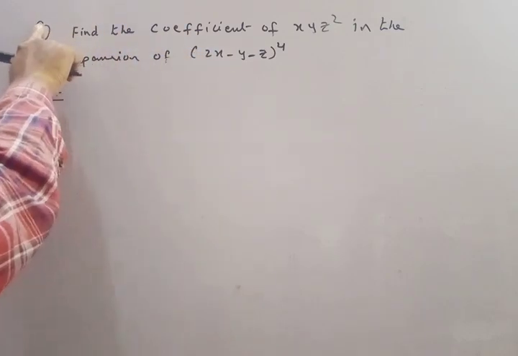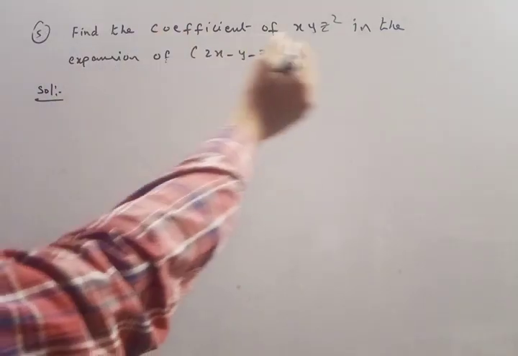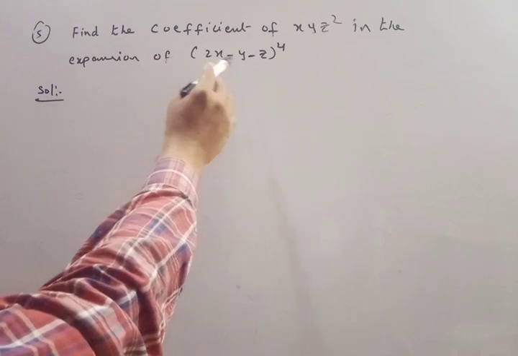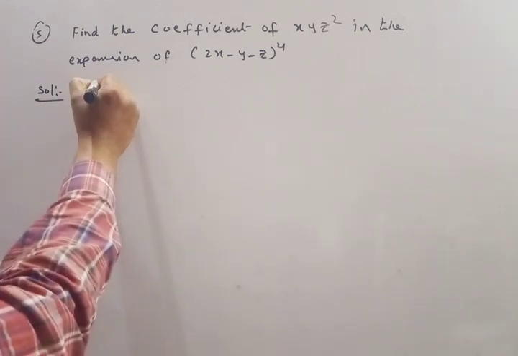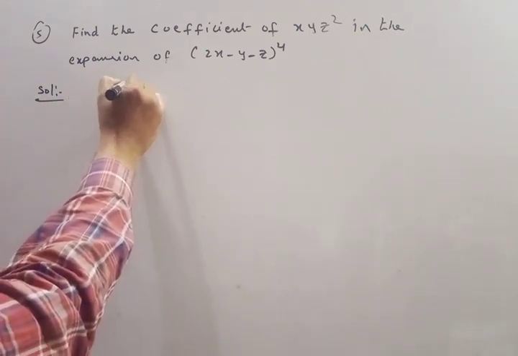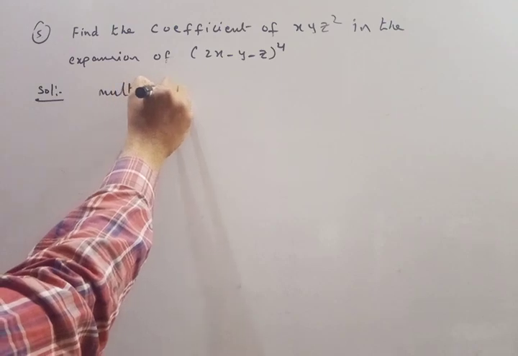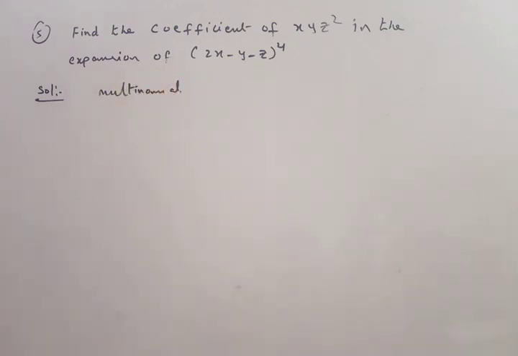Find the coefficient of x y z square in the expansion of (2x minus y minus z) power 4. This is multinomial. If it is more than 2 terms, we have to solve these problems under multinomial. So the general formula for multinomial: what is the nth term you want?